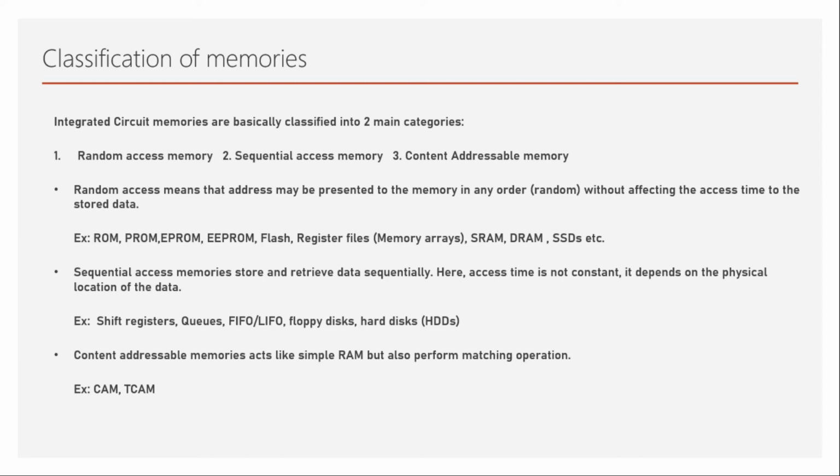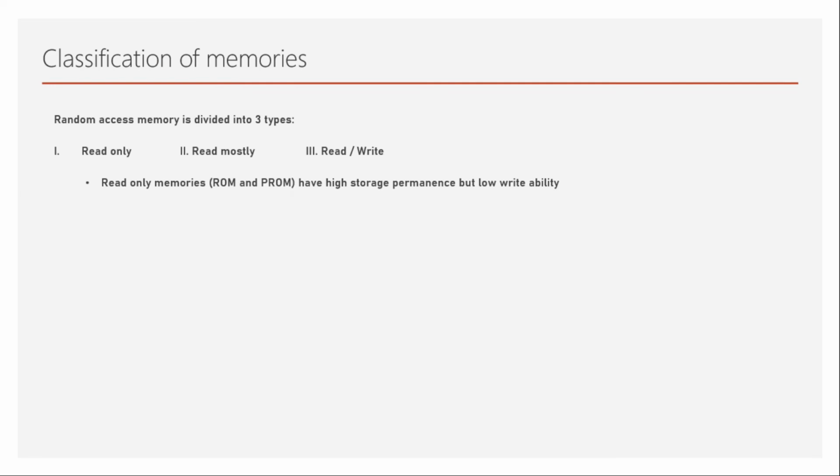But now we will discuss some more detail of random access memory, because random access memory is again divided into three types of memories. One is read only, read mostly, and the read write memory. What are read only memories? Read only memories have high storage permanence, but they have low writability, such as ROM and PROM.